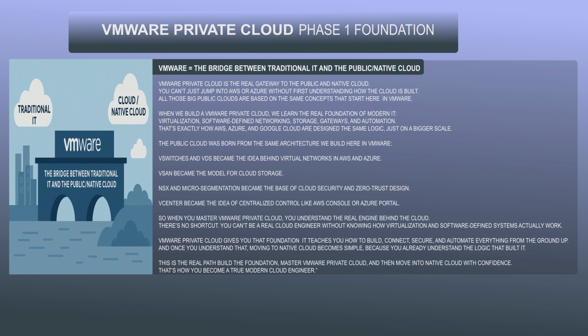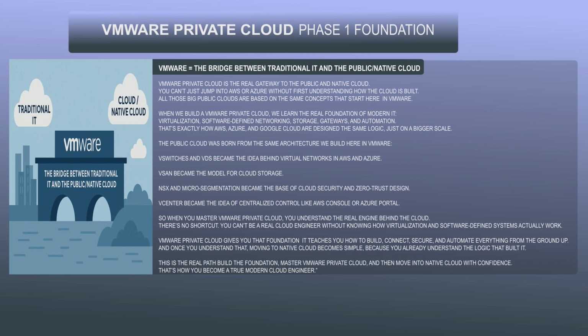NSX and micro-segmentation become the base of cloud security and zero-trust design. vCenter becomes the idea of centralized control, like the AWS console or Azure portal. So, when you master VMware Private Cloud, you understand the real engine behind the cloud. There is no shortcut. You can't be a real cloud engineer without knowing how virtualization and software-defined systems actually work.